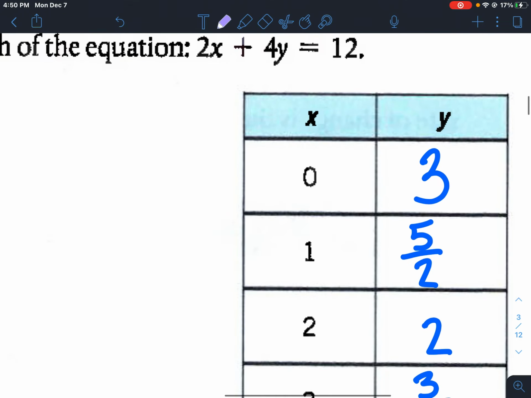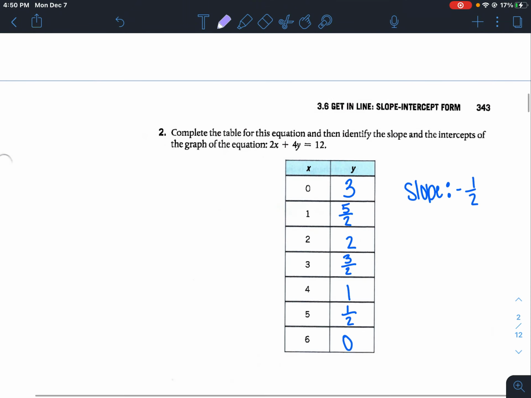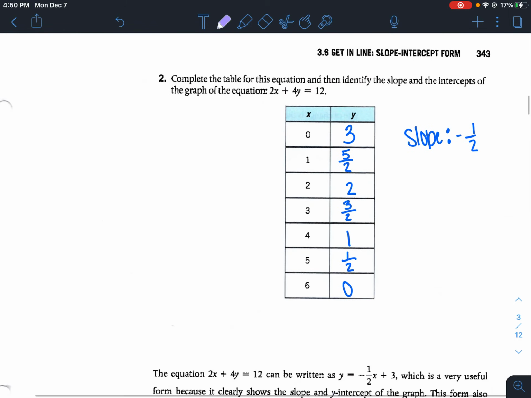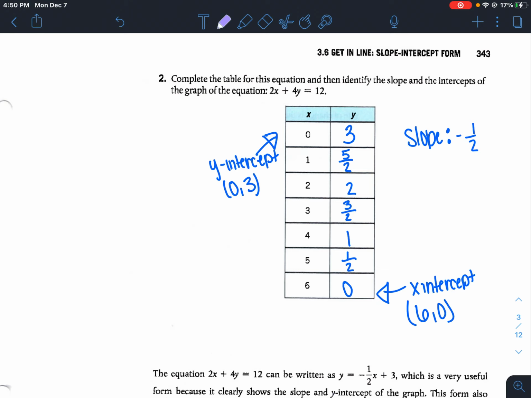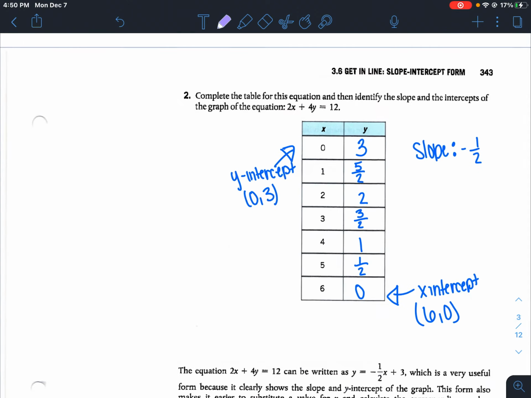And then my x value just increases by 1 each time. So my slope is going to be negative 1/2, really over 1, but I don't need to put over 1. That's redundant. Okay, then my intercepts, my y-intercept is 0, 3, and my x-intercept is 6, 0, where I cross the axes.